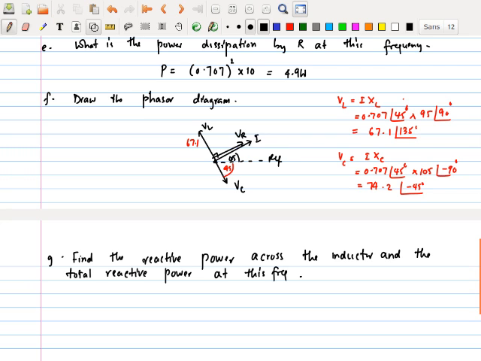Now in this case, which one is easier to do? You don't have the V across, of course you have it because I already did the calculation. You can either use that, or the easier would have been to find I squared XL.